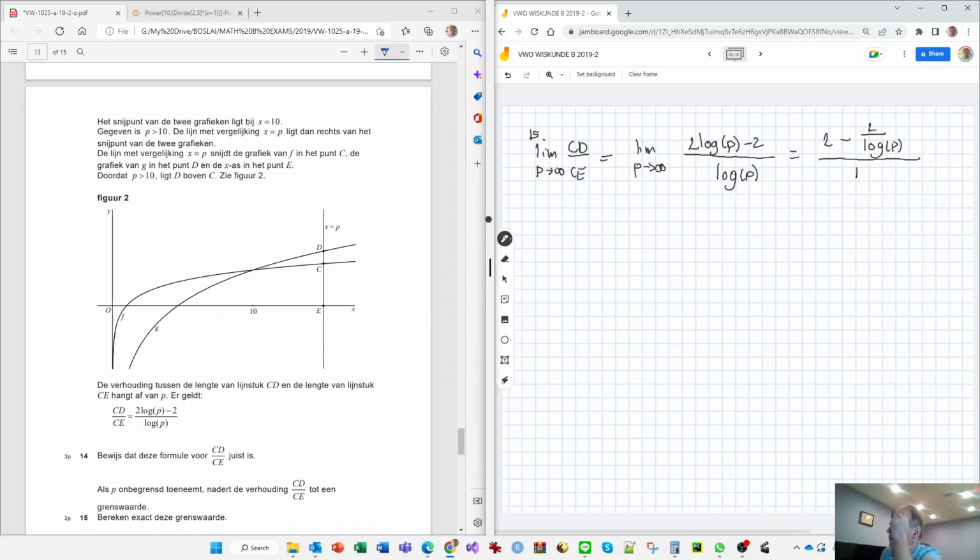Well, then since log P goes to infinity, then you immediately can see that this is 2. I think that's it already.